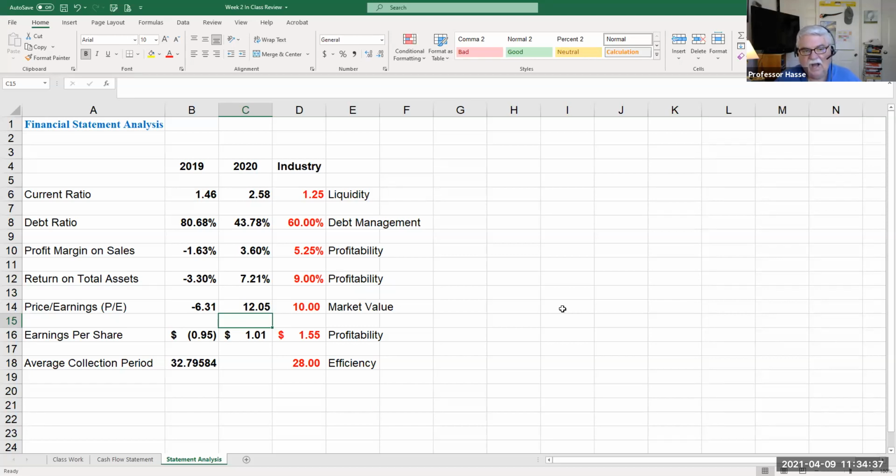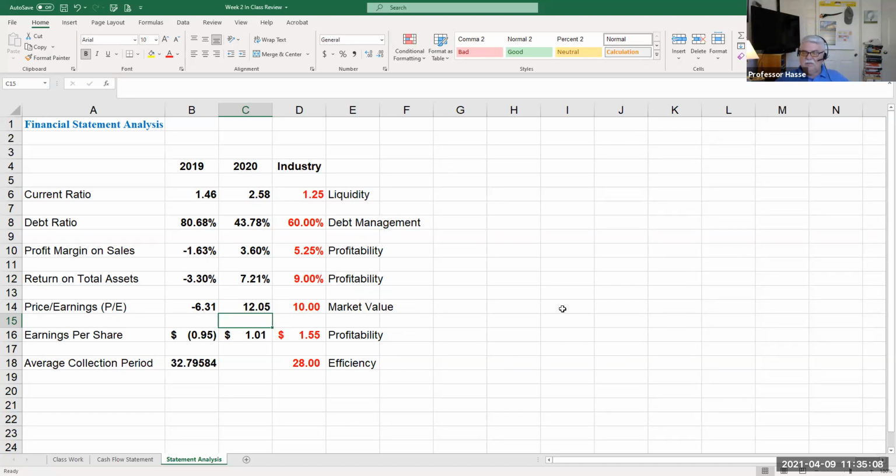Naturally, the higher the price earnings ratio means the more overvalued the company is. A higher stock price in relationship to low earnings means that the market thinks the stock is a lot higher than it really should be. In the case of the industry average, or about close, the industry average is 10 times. Again, this is another valuable investment tool for many investors: what is the relationship of stock price to the earnings per share.